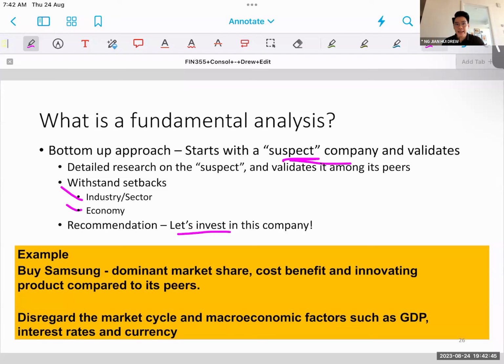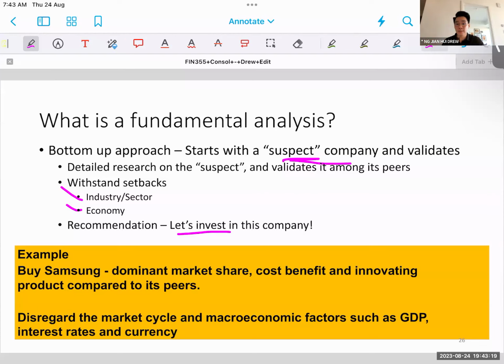I would like to say that in most cases, in terms of the reports that you're going to write for this course, it's more of a bottom-up approach where you already identify a company, and then from the bottom up, you justify why you want to invest in this company, right? But in actual practice, if you go out to work, or maybe some of you are already working in an equity research firm, that's where they approach the investment from a top-down approach.